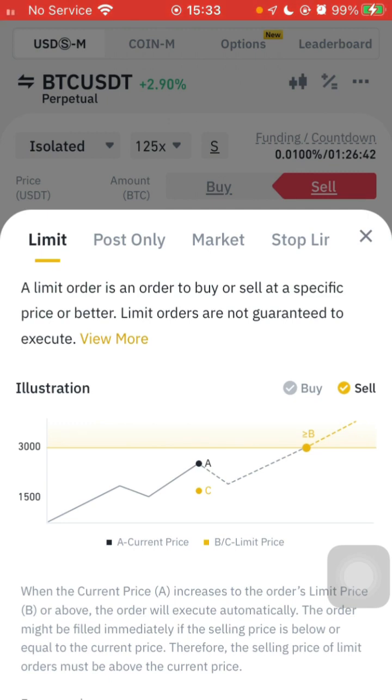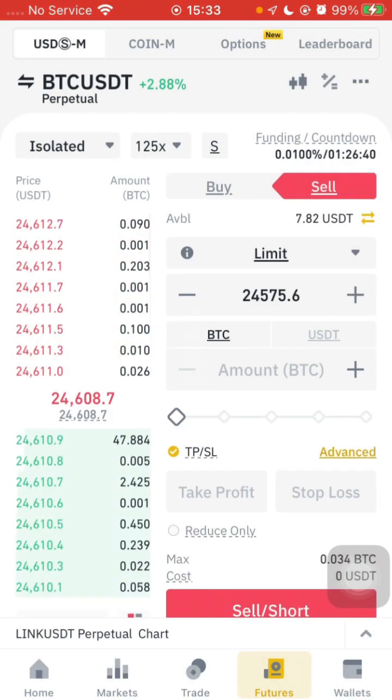So let's go back. Now this is the interface, and you can see now over here that the price of Bitcoin is actually ranging, and it's at 24,619 at the moment. So now I'm using the limit order because I'm to enter the market at a specific price.